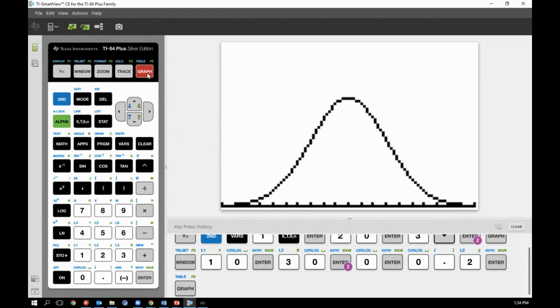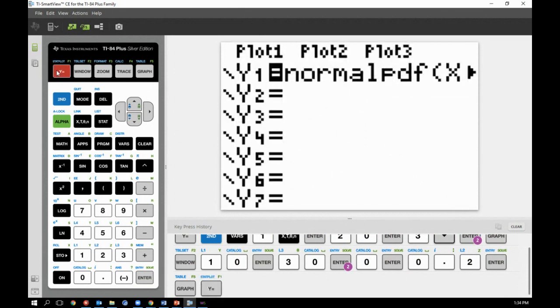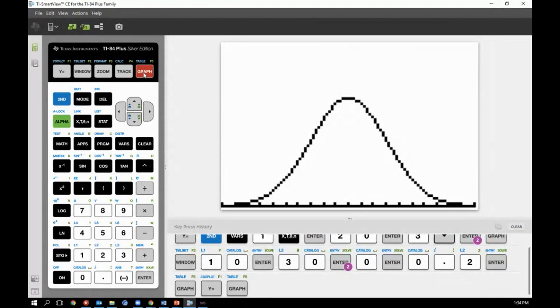Okay, so in Y equals, do you have normal PDF? Okay. What I can do is I'll get us started on the activity, where those that figured it out can calculate it, and I can help you see what's going on.